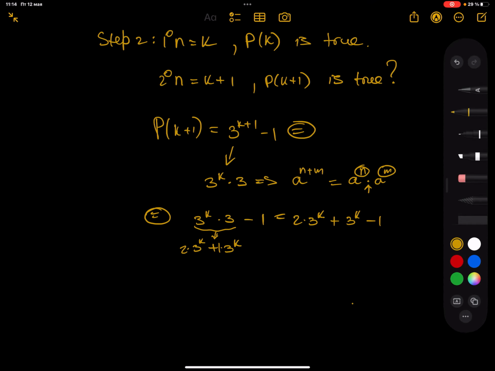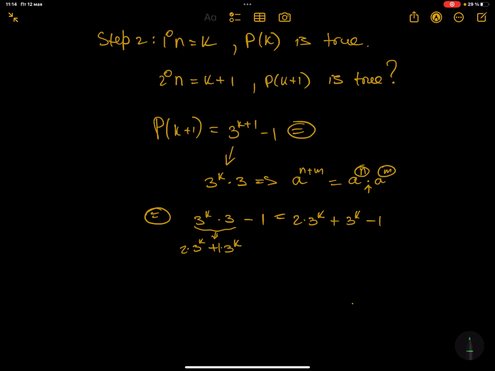So I hope you see the point here. What I mean is that this part equals Pk, right? So this is true by our initial assumption.